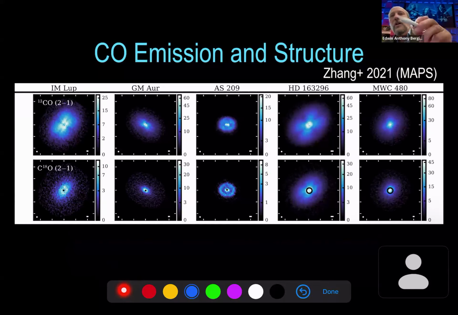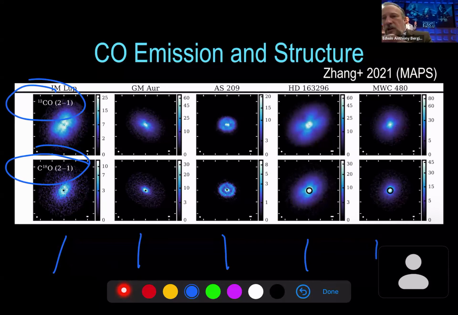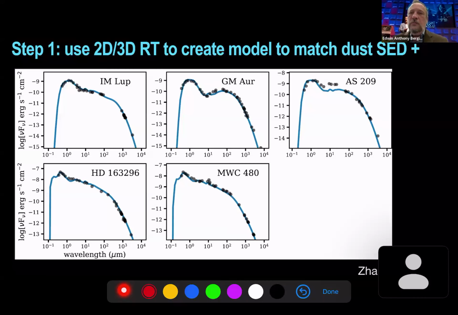So these are 5 different disks seen in 13CO and C18O. And you can see here, in this disk there's a gap in the C18O, right? That again is interpreted as being due to hidden planets.